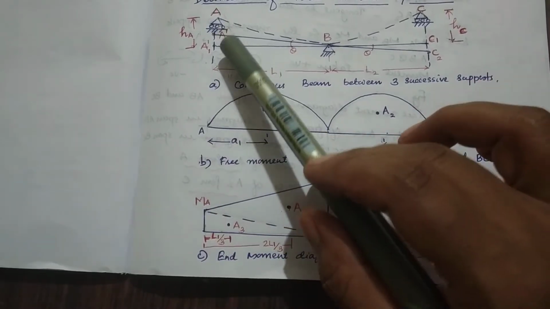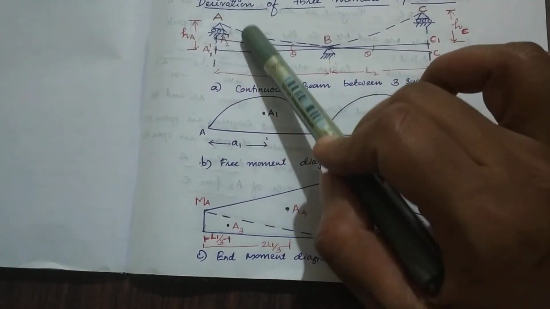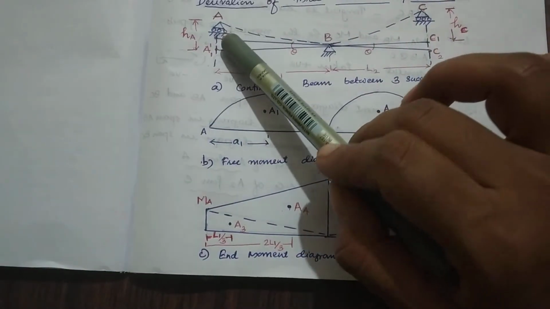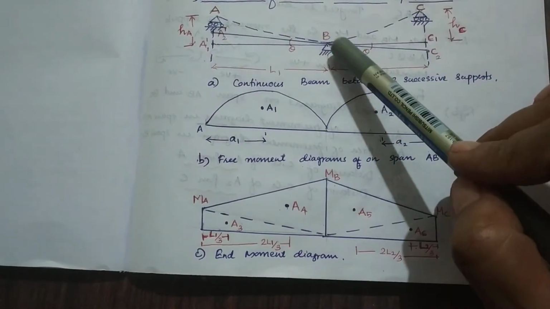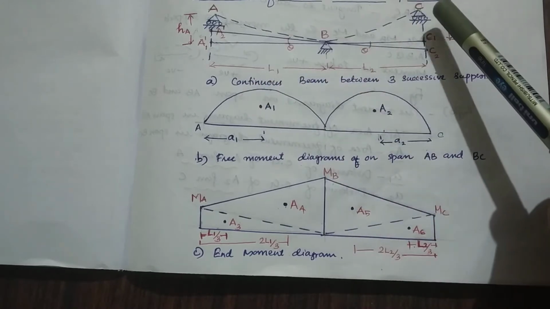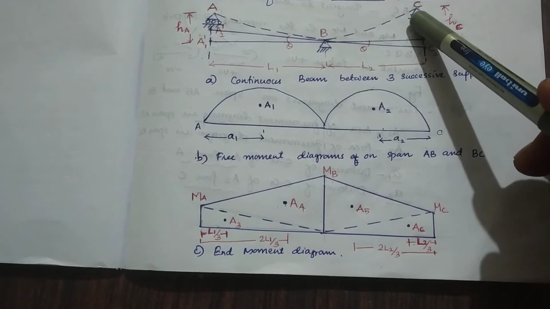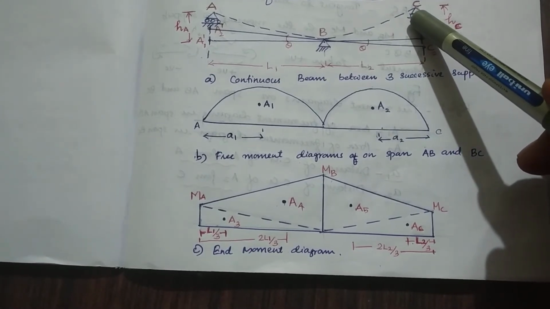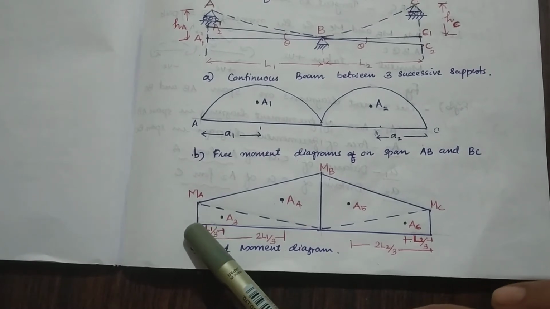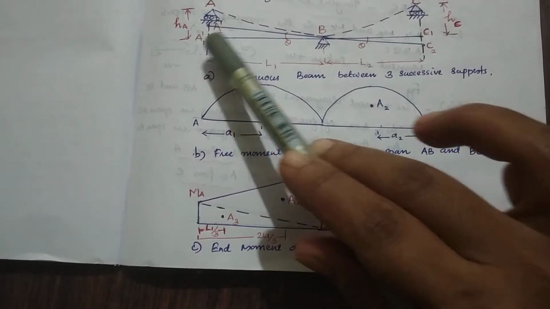Here we have three supports: support A, support B and support C. Support A is a hinged support, B is hinged and C is a roller. Using these supports, some moments are produced, and we call them fixed end moments. In the diagram MA, MB and MC are the end moments, acting as pointed loads.